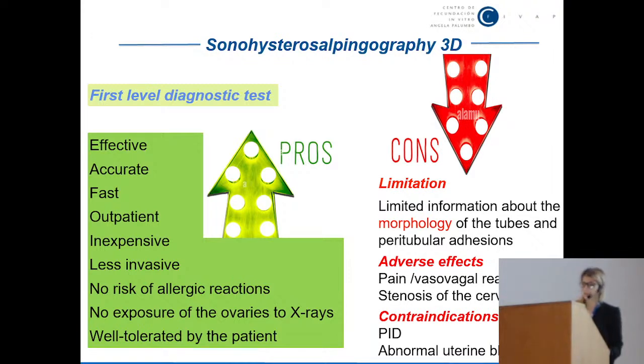If necessary, we can use a specific contrast media, and I will show you some examples of this. Side effects are pain and vasovagal reactions, and stenosis of the cervix is the most common cause of sonohysterosalpingography failure.